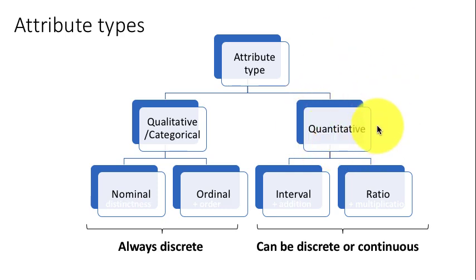Now you might recall from your earlier courses that in R, we call qualitative variables or categorical variables factors, right? So that's what we call those variables in R. I'll be using the term factor as well.